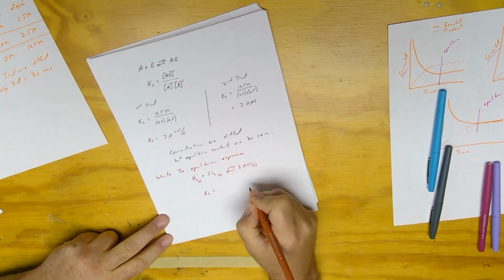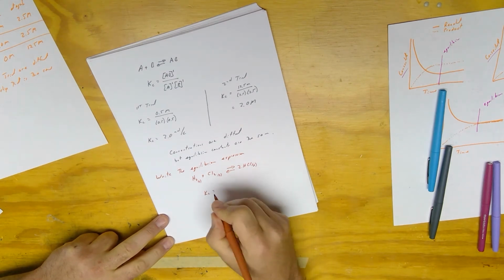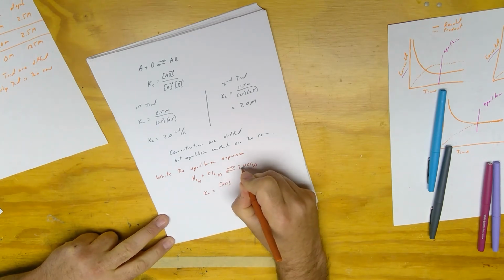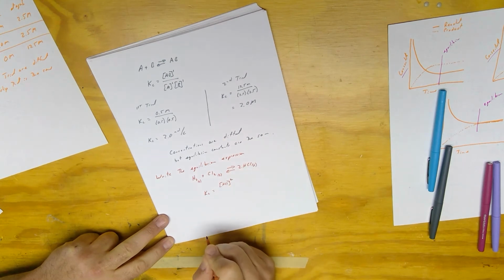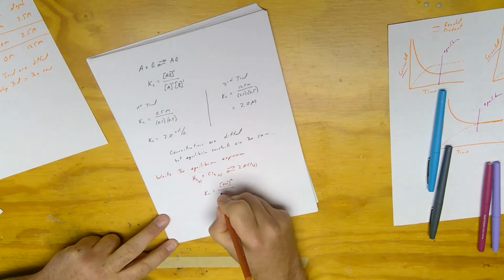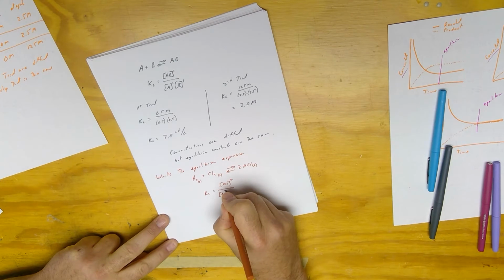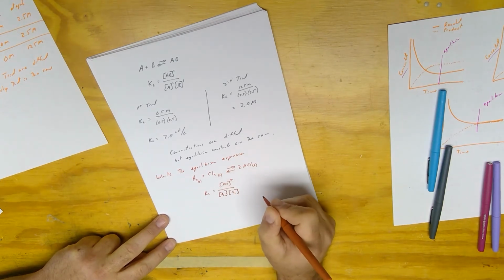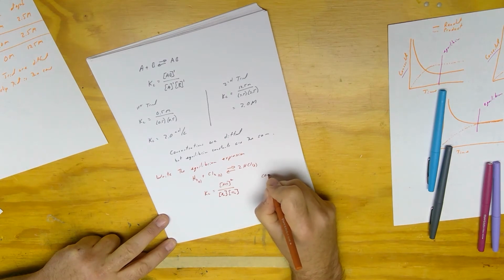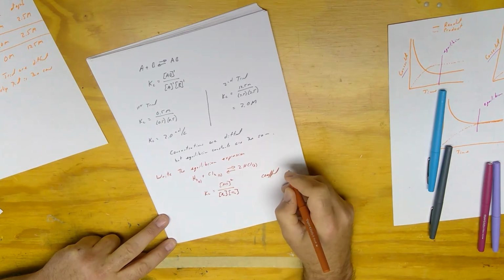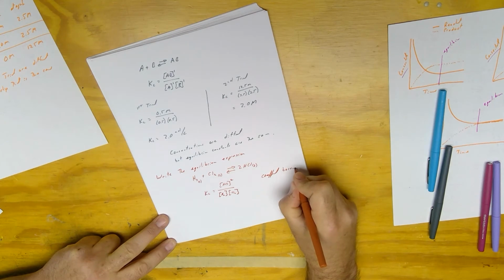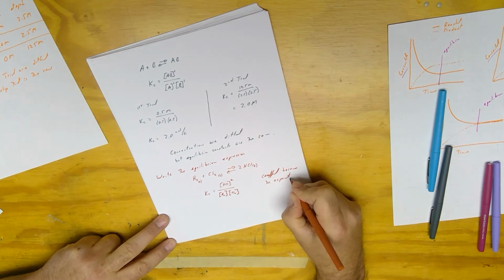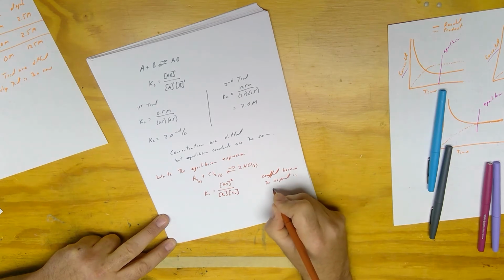So Kc is equal to the concentration of HCl, but it has a coefficient, so that gets squared, divided by the concentration of H2 times the concentration of Cl2. So the coefficient becomes the exponent in the expression.